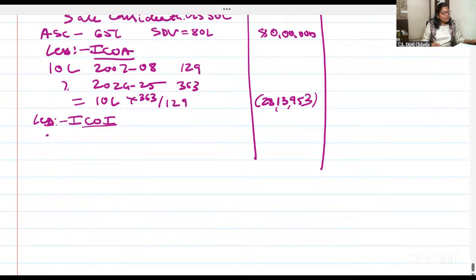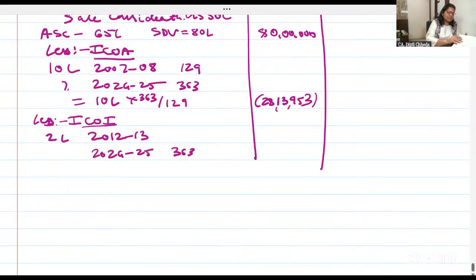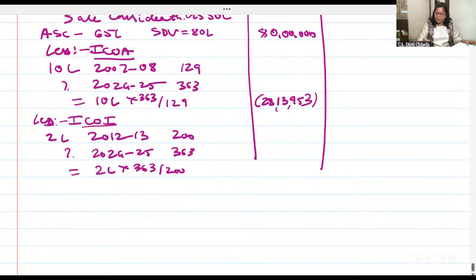For how much? 2 lakh. 2012 and 13. हाँ, index rates ध्यान से लेना है बेटा. 24-25 is 363 and 12 and 13 it is 200. 200 has become 363. So what's the index cost of improvement? 2 lakh into 363 divided by 200.